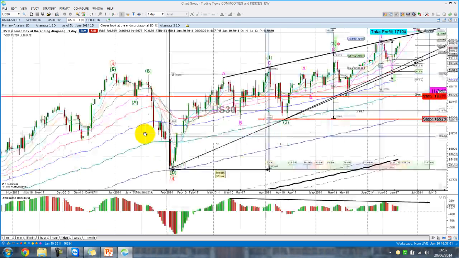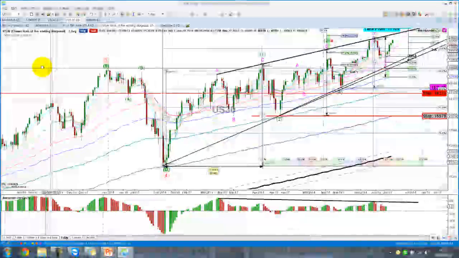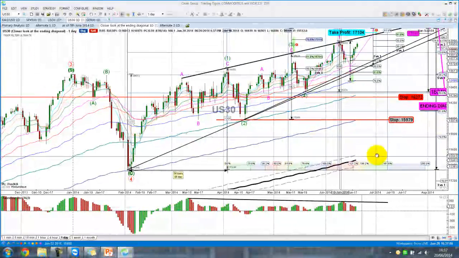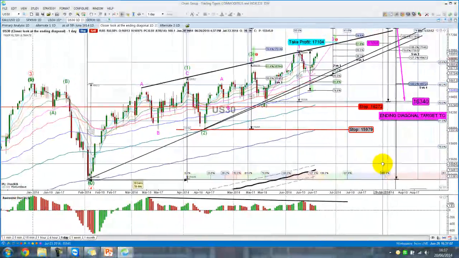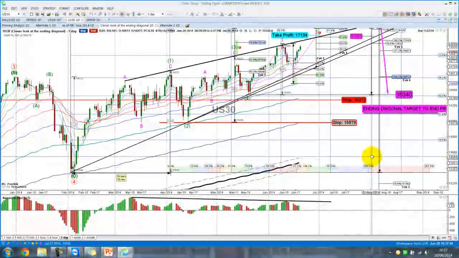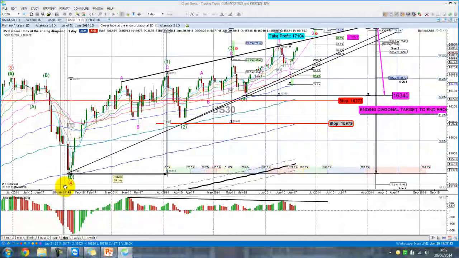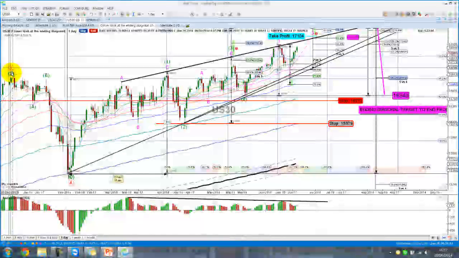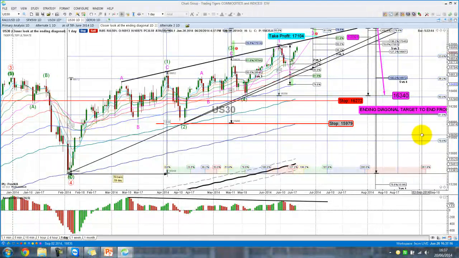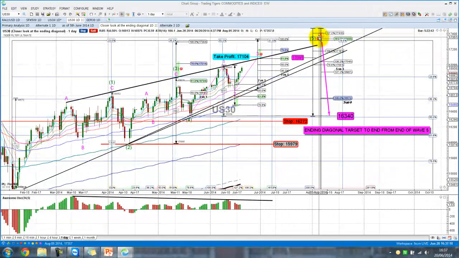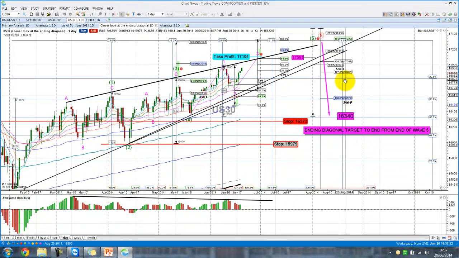US30 following the Dow Jones 30, and this is a CFD as explained to you. We're trying to follow through an ending diagonal pattern on a wave 5 of the primary. There's wave 4, there's wave 3, wave 4, and we've targeted wave 5 to end at this level here at 17338.